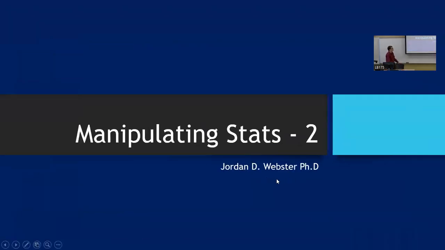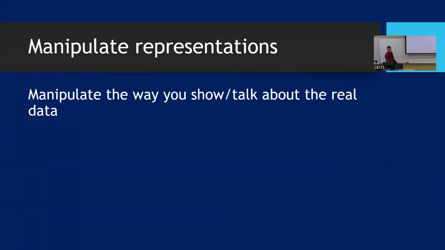Now, in the last few minutes of class, I'm going to briefly talk about more ways to manipulate statistics. And these are ways that we can manipulate the way we talk about the data. So let's just, for the sake of argument, say I collected my data right. I have good samples, so no suspect samples. I looked at all the lurking variables and assessed them.